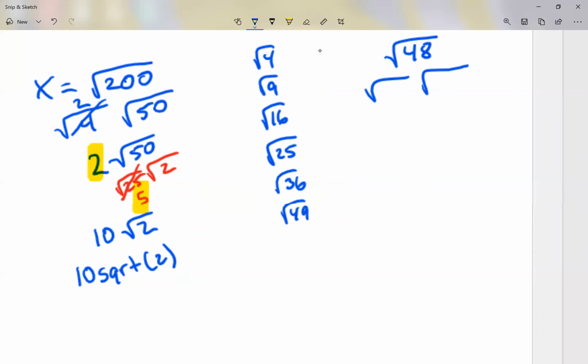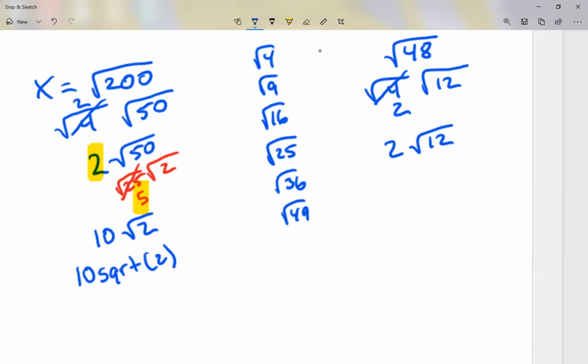The two numbers that usually come to our minds are 6 times 8, but neither the 6 nor the 8 are perfect squares. So I have to think of something else. And I say, well, how about 4 times 12? 4 is a perfect square because I know the square root of 4 is 2. So square root of 48 simplifies to 2 square root of 12.